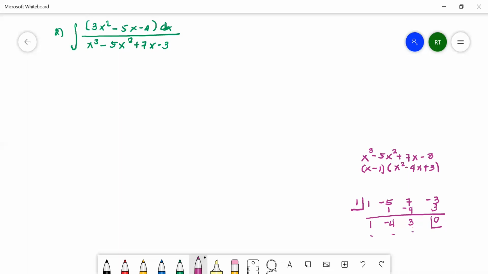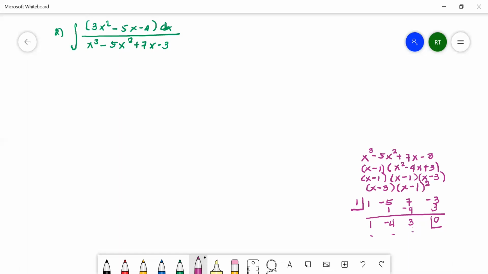But x squared minus 4x plus 3 is still factorable. We can factor this as x minus 1 times x minus 3. To check, negative x plus negative 3x is negative 4x. Therefore, the factors of the denominator are x minus 3 and x minus 1, and x minus 1 is repeated twice.